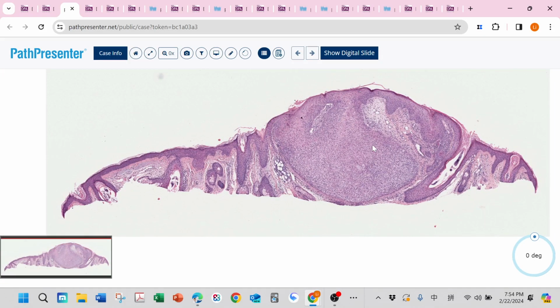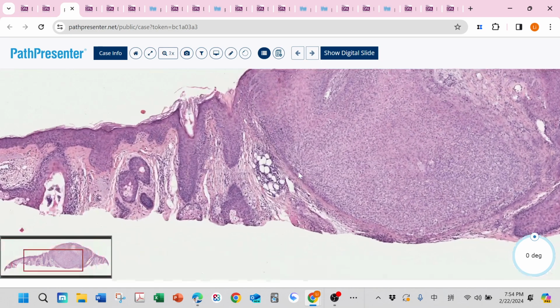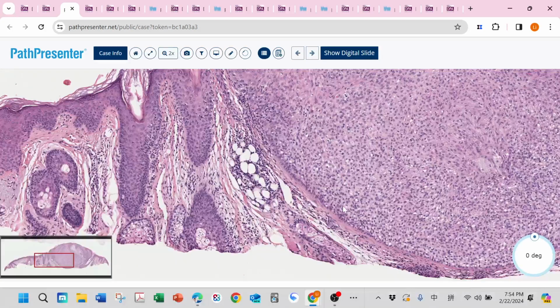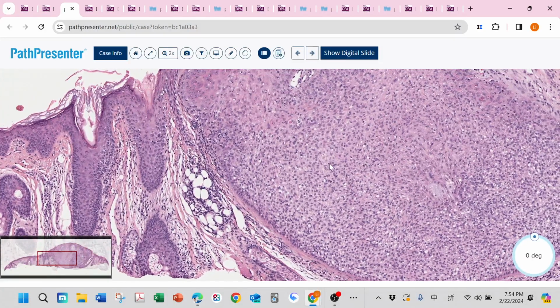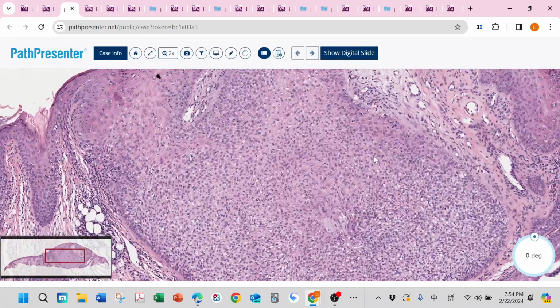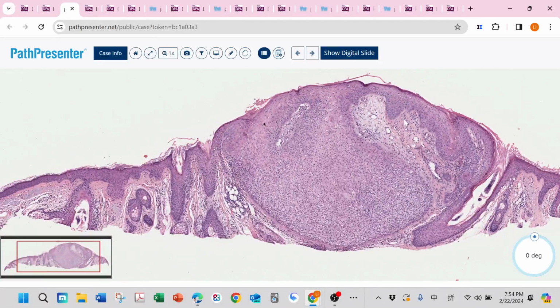So combining all of these features: thickened basement membrane zone in the periphery, palisading cells in the periphery, clear cytoplasm inside, outer root sheath differentiation, and in lower power a little bit warty looking. This is really good for trichilemmoma.